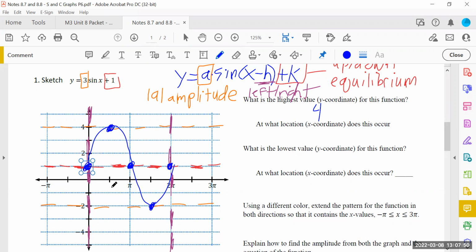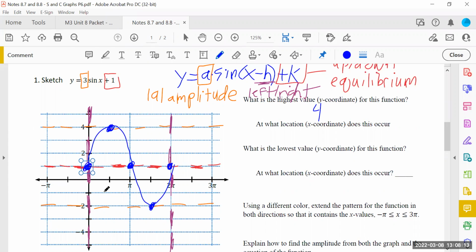Here's a mark. What is that mark? It's the maximum, but I need the x coordinate for that. Closer. Almost. Really, really close. Yes. We're going to call it pi over 2, but Jack's right.